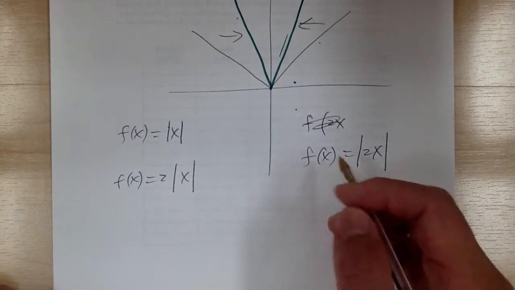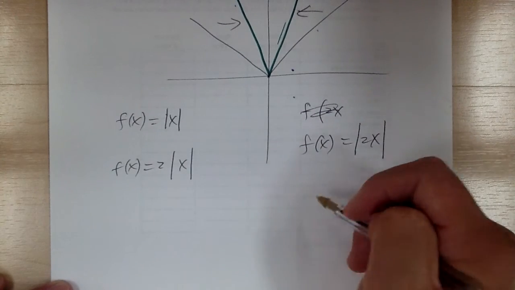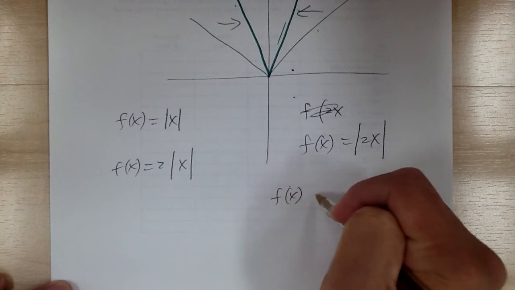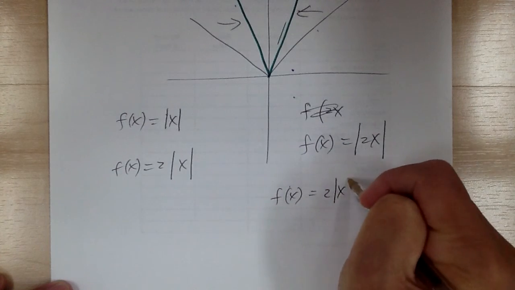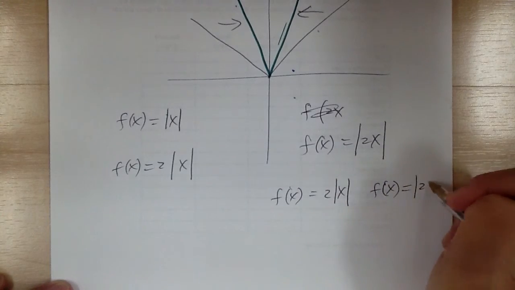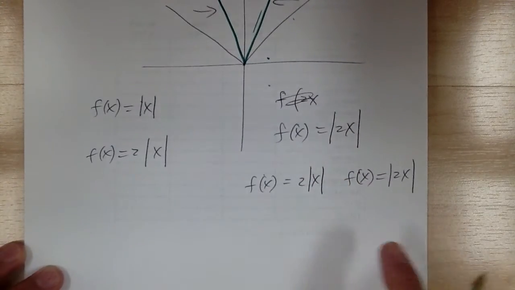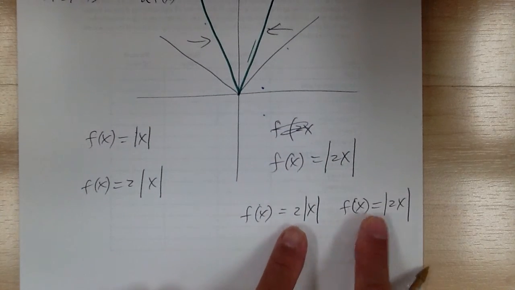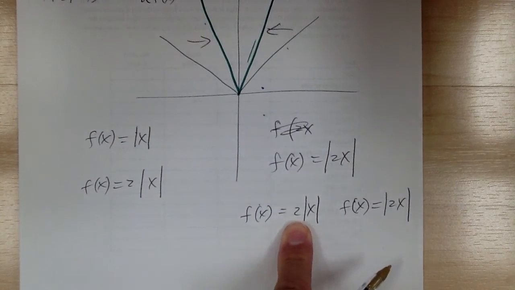Most of the time, not always: f of x equal to 2 times the absolute value of x versus f of x equal to the absolute value of 2x. In this case they are the same, but not always. If the number is different, like a negative number or something like that, it may not be the same. So just be aware of that.